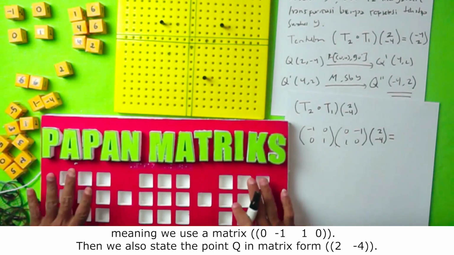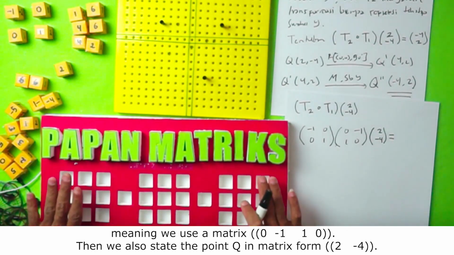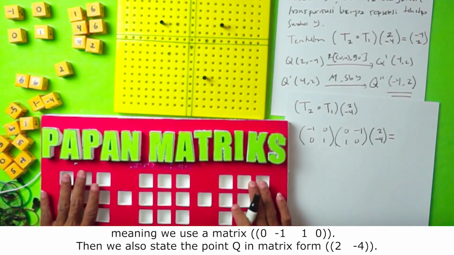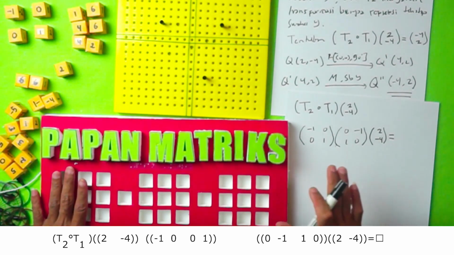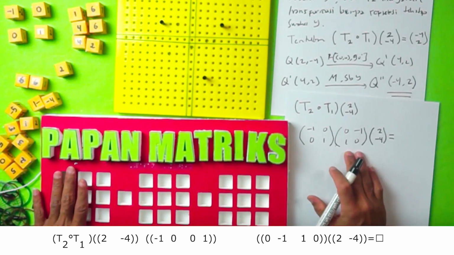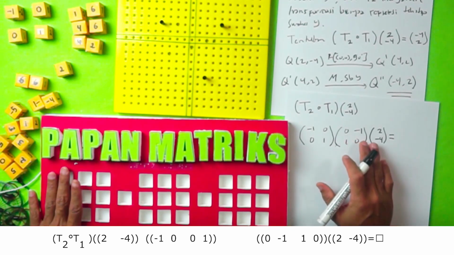Papan matriks yang kita miliki terbatas untuk perkalian 2 matriks, bukan perkalian 3 matriks atau lebih. Oleh karena itu, kita lakukan T2 bundaran T1 times 2, negative 4. Negative 1, 0, 0, negative 1 times 0, negative 1, 1, 0 times 2, negative 4.